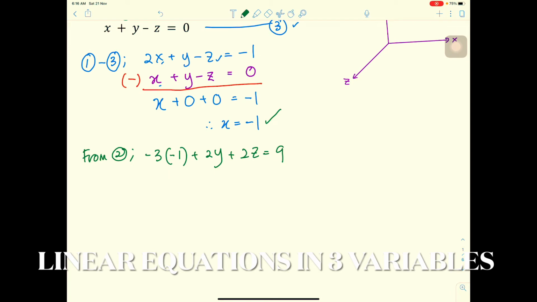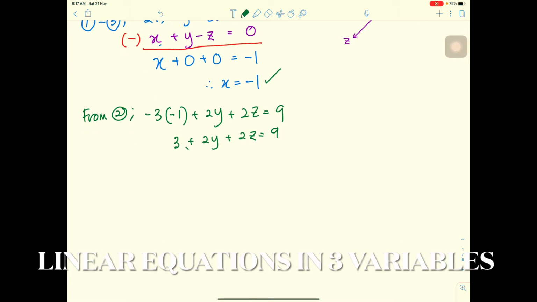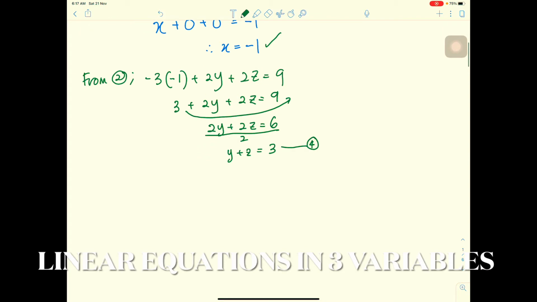Simplify, you get 3 plus 2y plus 2z equals 9. Bring 3 to the right hand side, so 2y plus 2z equals 9 minus 3, equals 6. Divide all by 2, so you get y plus z equals 3. So this is equation 4.